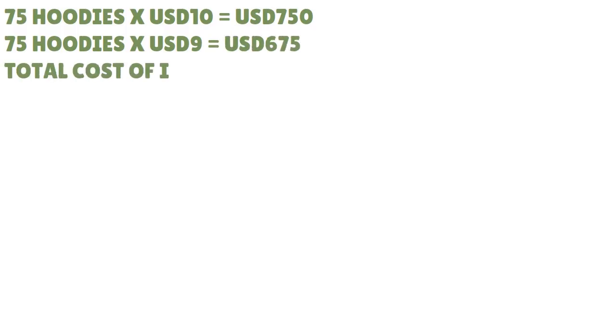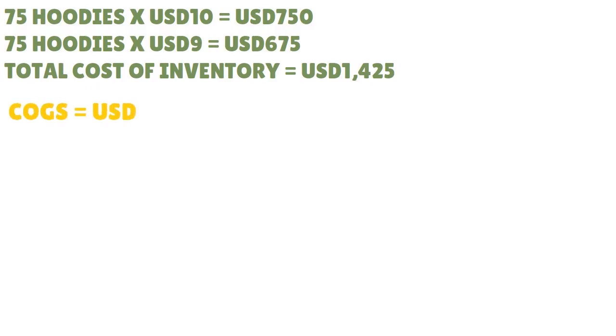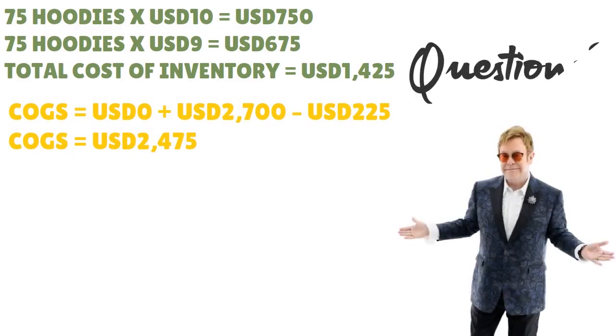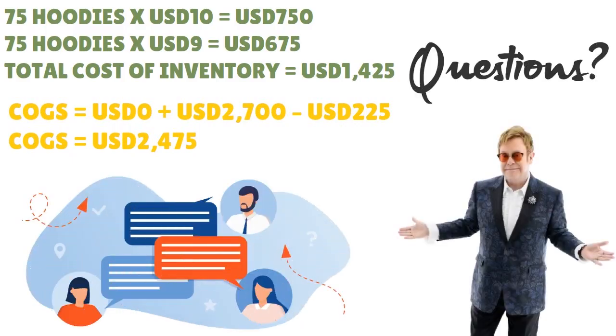It's really important that I put this on the screen. The total cost of goods sold for the month will be 0 plus 2,700 minus 225, and cost of goods sold $24.75. If you have any questions, let us know in the comment section.